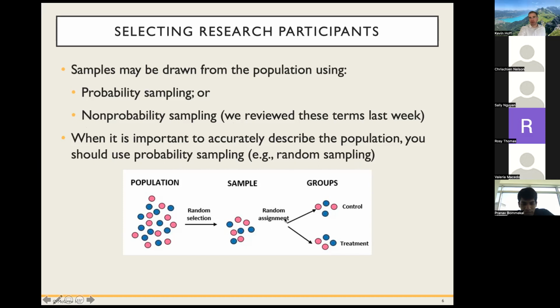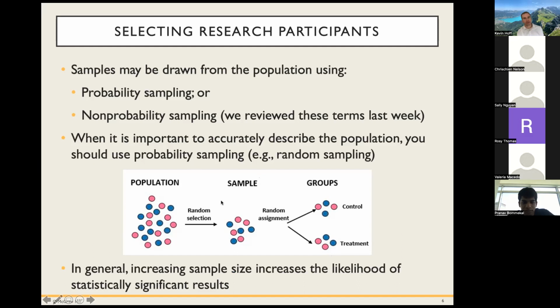And with experiments, and this is where the term true experiments comes in, we also would randomly assign people to a control group and a treatment group. As a result of both of these randomization steps, the treatment group and the control group should both be representative of this broader population and shouldn't differ from each other in any meaningful way.